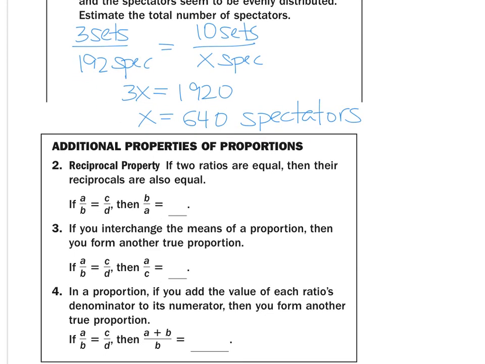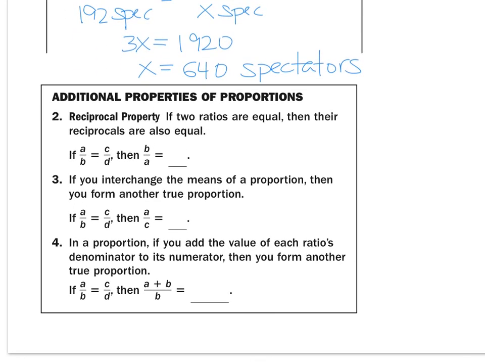Some additional properties of proportions. The reciprocal property is where they just turn upside down. So A over B equals C over D, then B over A equals D over C. Where you can interchange the means and the extremes.